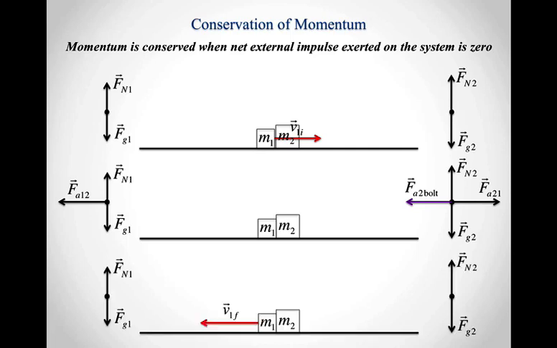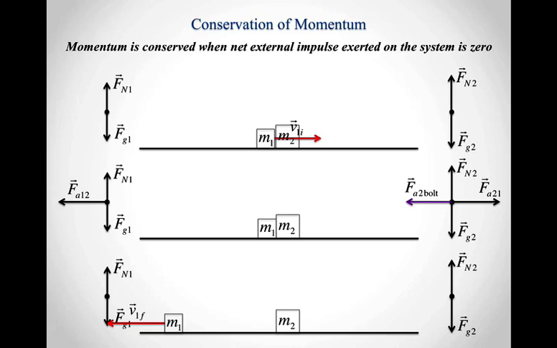Well, mass 2 just stays there. Block 1 bounces back. Right? So again, once they separate and mass 1 starts sliding back to the left, I'm back to the same situation where I just have the normals and weights acting on these forces, and those forces cancel out.